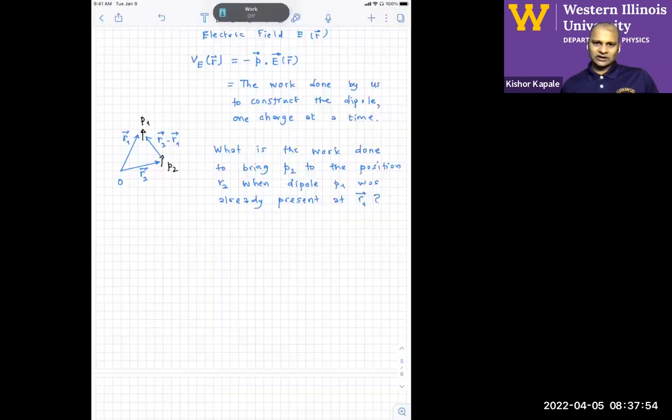Okay, so that's how that works. That's the question we are asking. So let's read that again. What's the work done to bring P2 in the position when P1 is already at R1, right?